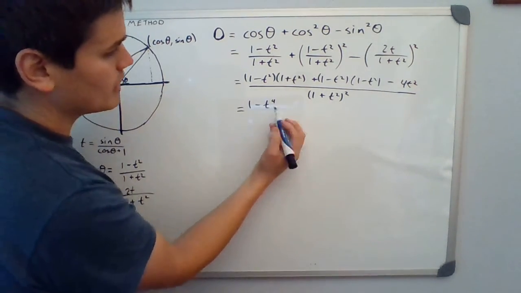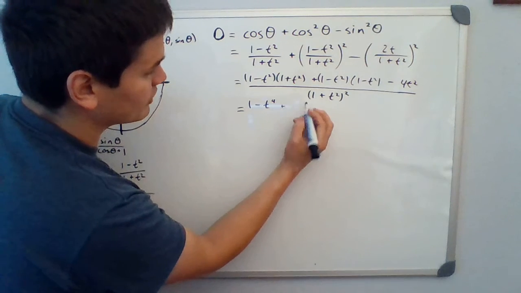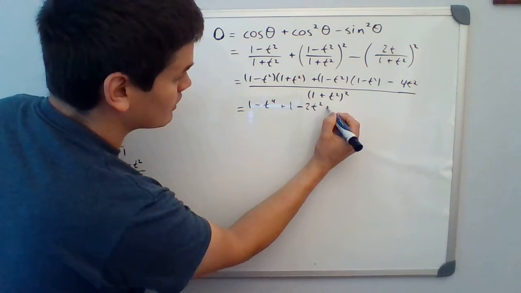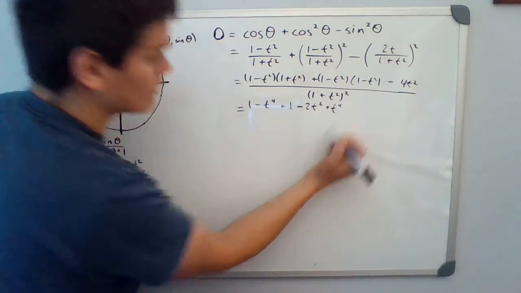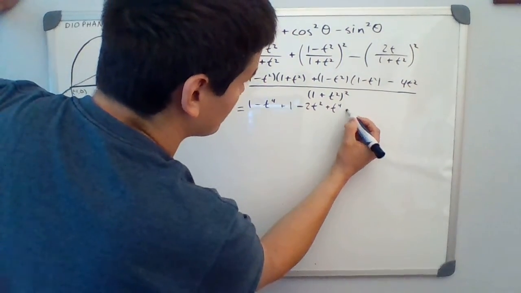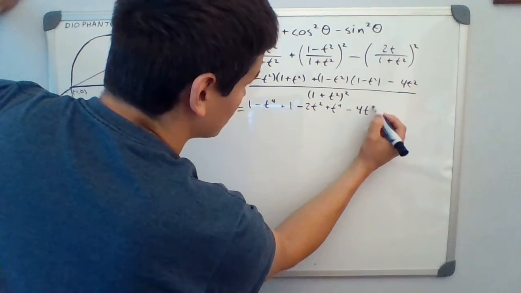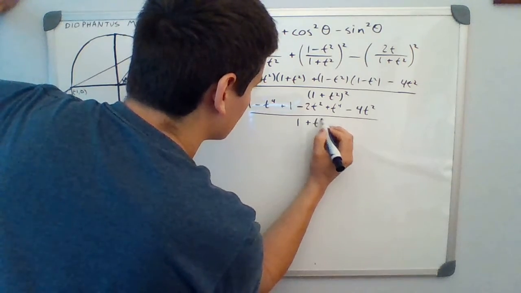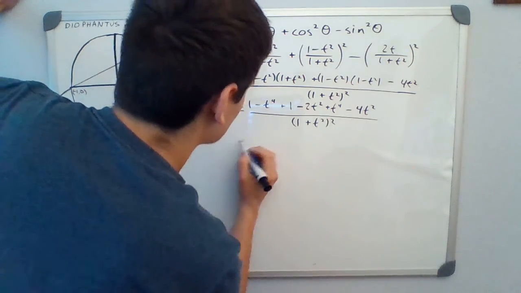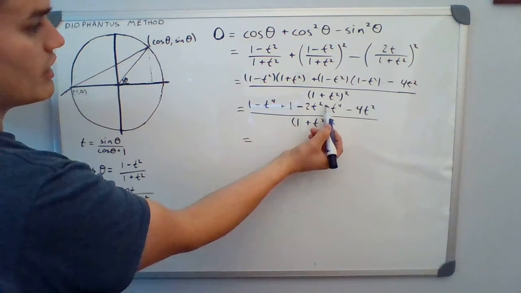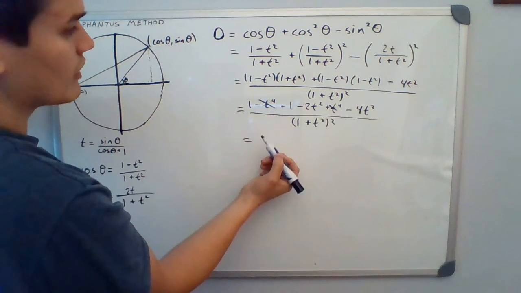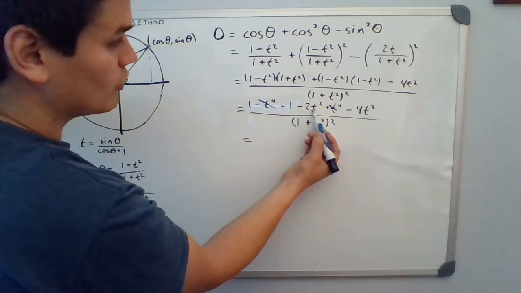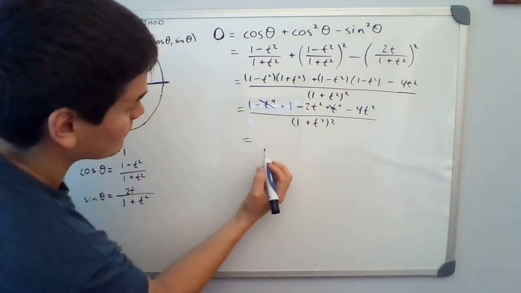So I have 1 minus t to the fourth, plus 1 minus 2t squared plus t to the fourth, and then minus 4t squared, divided by 1 plus t squared. Okay, we'll see that t to the fourth cancels. Then we have minus 2t squared minus 6t squared.